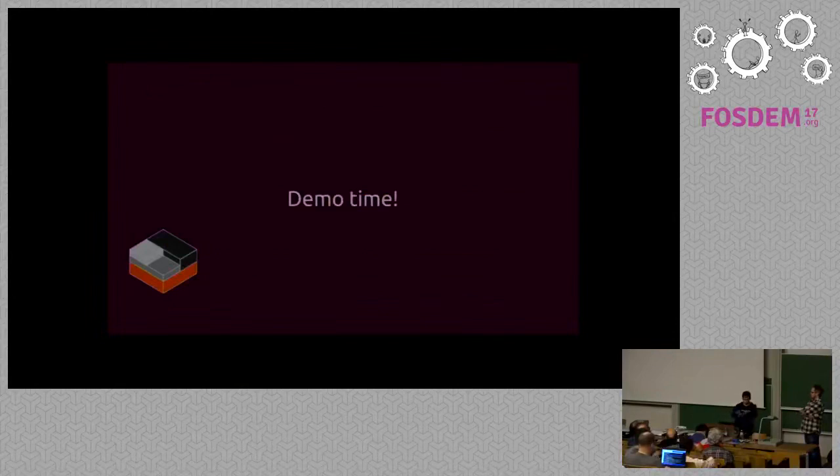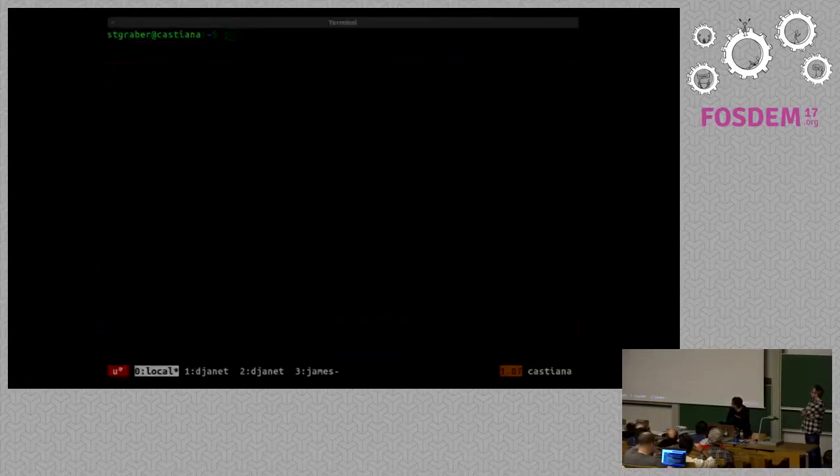All right, I'm going to try and do a quick demo of what we've got right now before James goes on and talks about the OpenStack side of it. So we've got a terminal. First thing on that machine, I'm just going to install LXD.